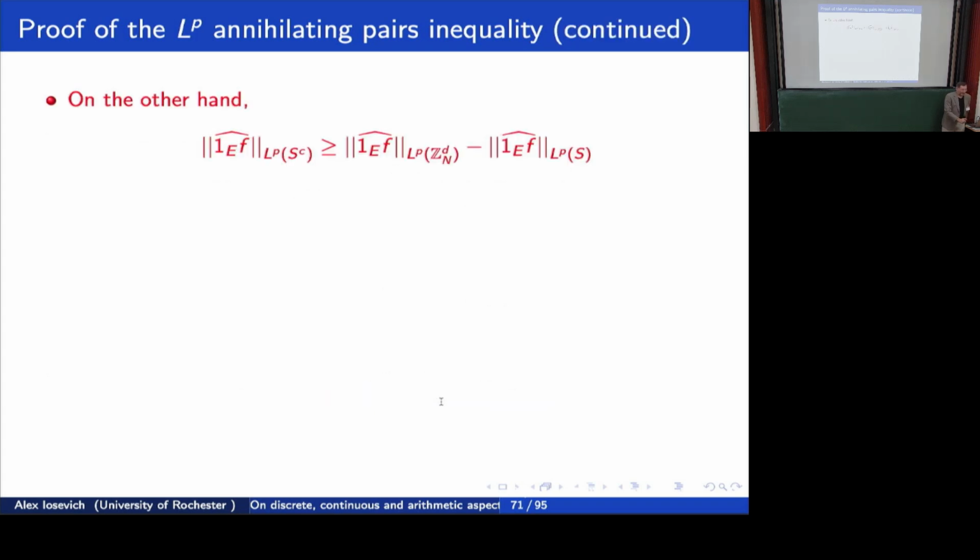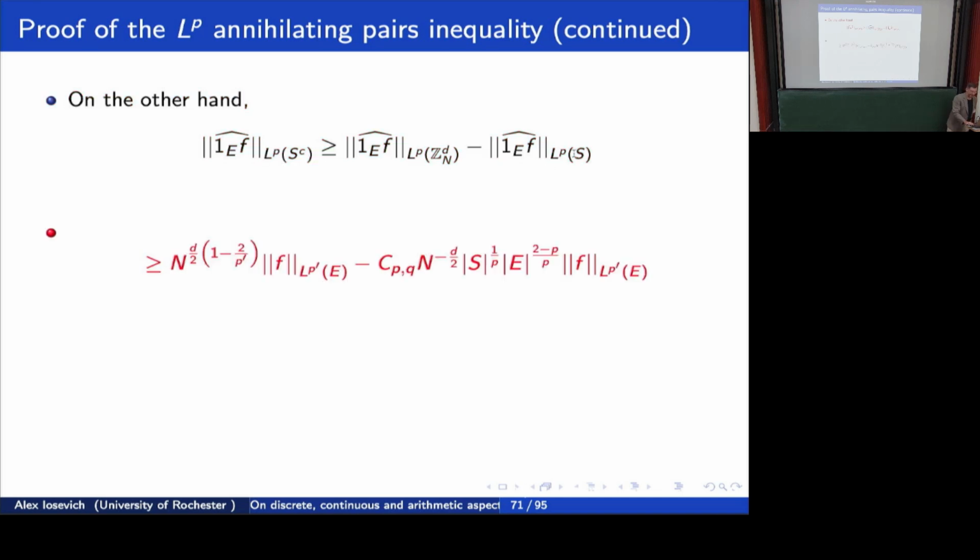So then on the other hand, it's the same style as before. We bound the LP of S complement norm of 1E F hat by the triangle inequality, by the LP norm of 1E F hat on the whole space minus the 1E F hat on LP of S. Okay?